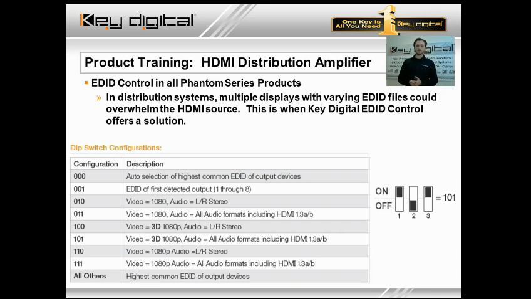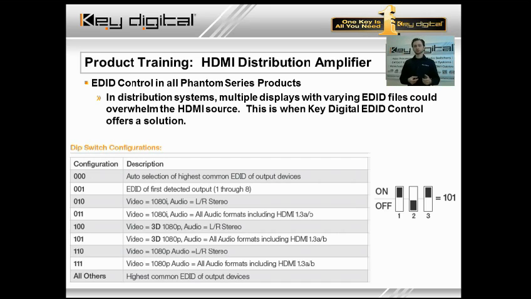So out of the box, what's going to happen with the EDID control portion of Key Digital HDMI distribution amplifiers? And this is a fantastic technology here. This is something that's been happening for about 5 to 6 years from today's date, with the introduction of our first ever HDMI distribution amplifier, the HDMI 2x4P. We had this default mode. What does that mean? Well, imagine you have a 1x4 HDMI distribution system going on using a Key Digital HDMI distribution amplifier.